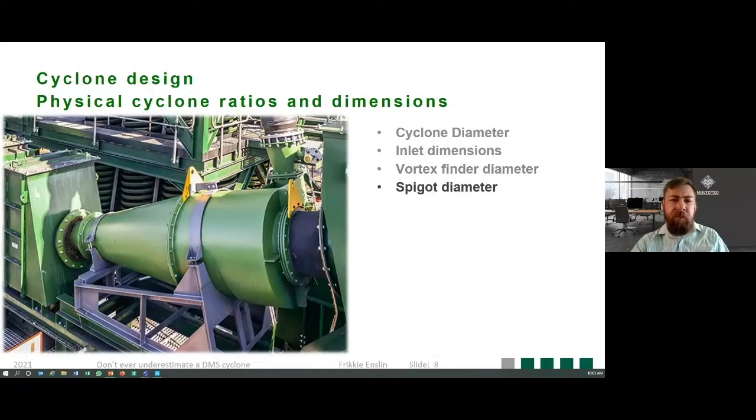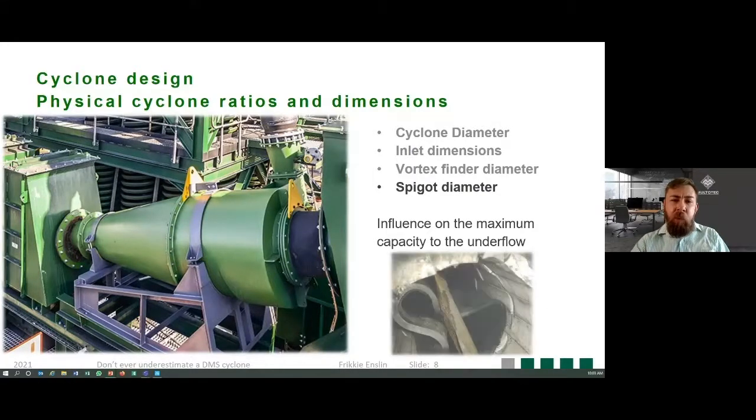And then we also need to consider the spigot diameter, which is also quite important because this has an influence on the maximum capacity of the underflow of your cyclone. It's quite important to have a look at your spigot every now and then, or whenever you get an opportunity, because you get instances where you get some interesting stuff stuck in that spigot which can mess up the whole performance of your cyclone.